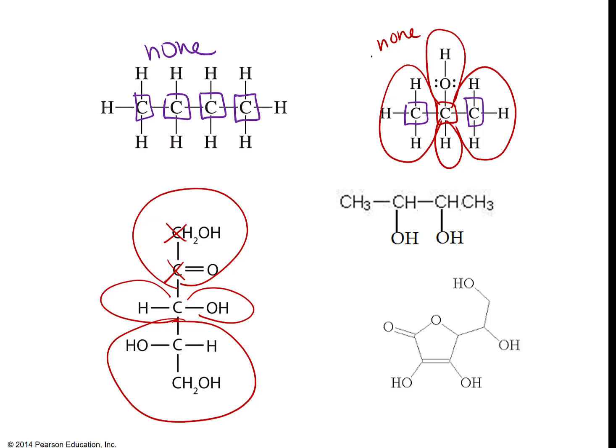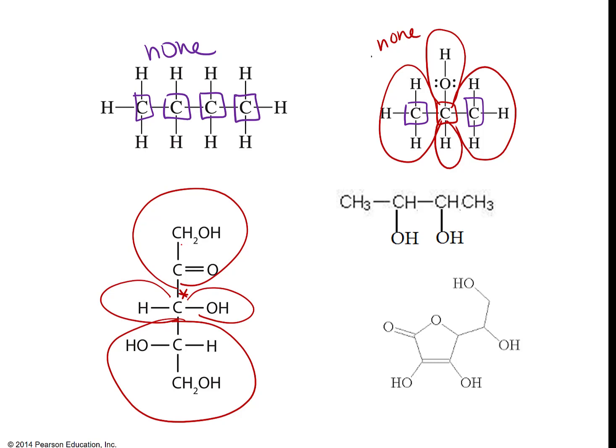So those, yes, this is chiral. Okay, so when you're looking at these, you're not just looking at the atom next to the carbon, you're looking at the whole group. Okay, so I am comparing everything above, everything to the right and everything to the left, and everything below. Can you see that those are all different?